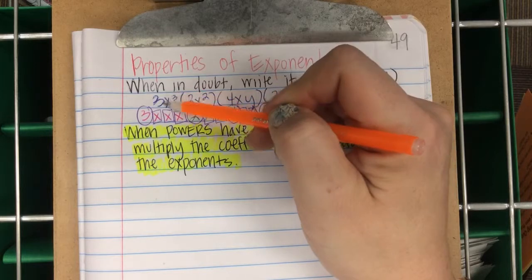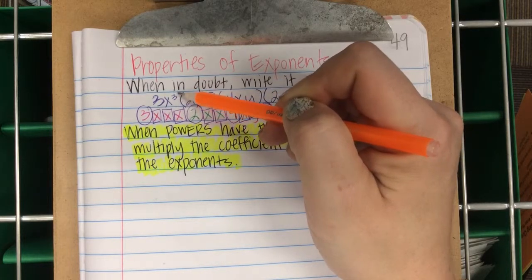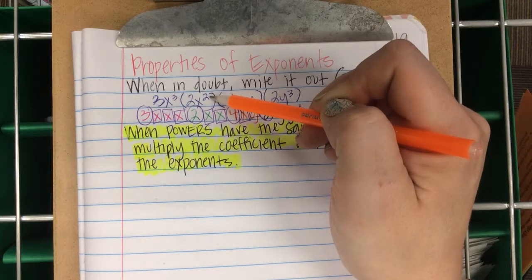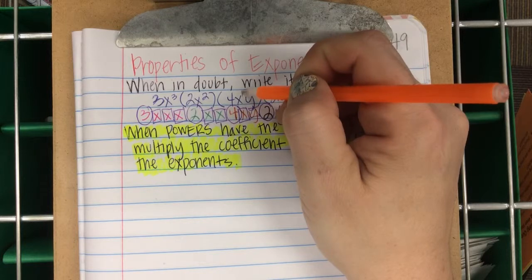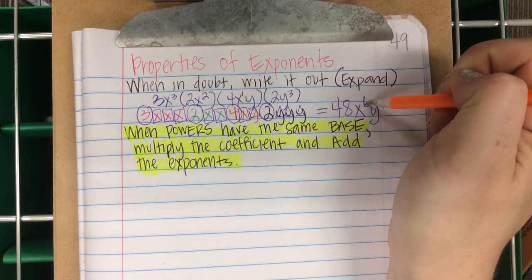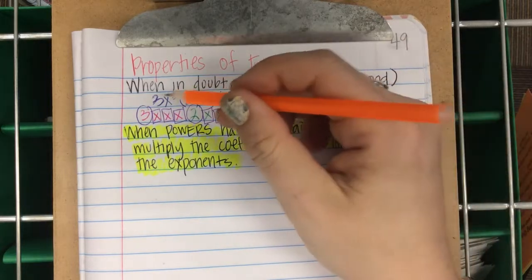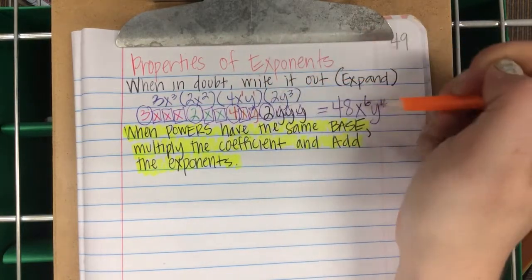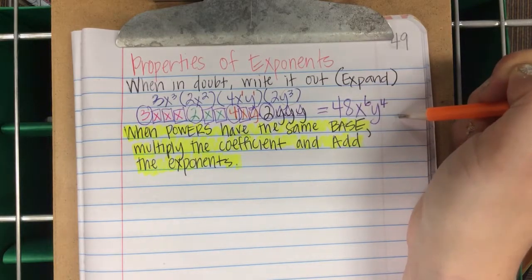So x to the third times x squared times x: 3 plus 2 is 5, plus 1 is 6. And y to the first plus y to the third is y to the fourth.